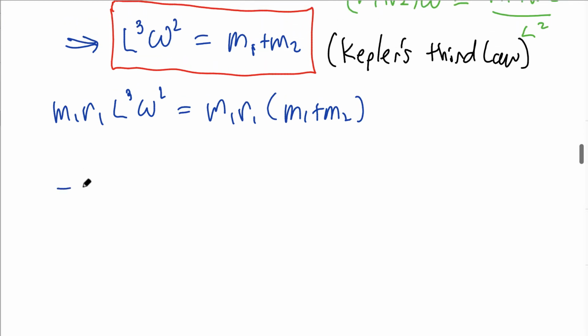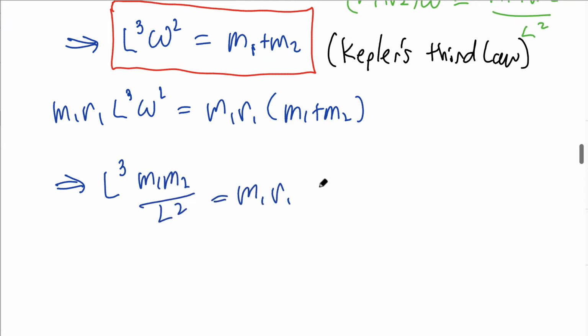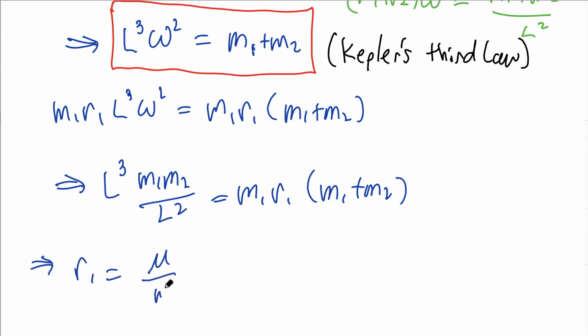And this gives L cubed times m1 m2 over L squared equals m1 r1 times the total mass. Now solving for r1, we find r1 is equal to the reduced mass mu divided by m1 times L. And by similar calculation, we find r2 is equal to the reduced mass over m2 times L.